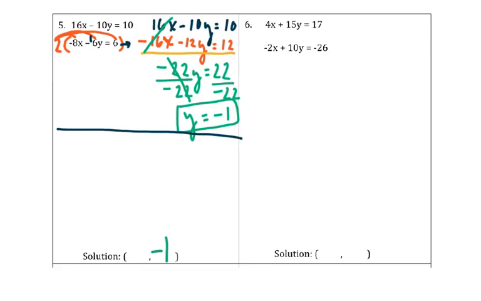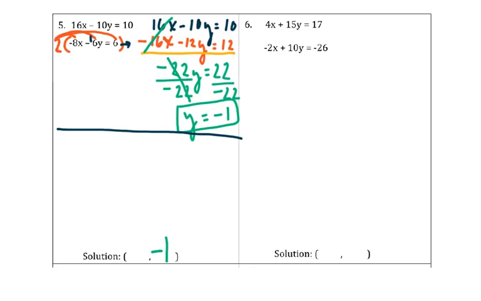Okay, so now we're going to take that negative 1 and pick any equation because we need to figure out what the x value is. So in this one here, you could pick any equation. You could pick this one, this one, this one. Doesn't matter. Any of the 4 that you have, 1, 2, 3, 4, you can use those to solve for x.